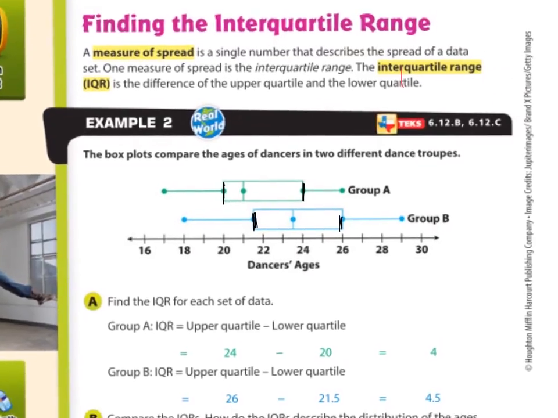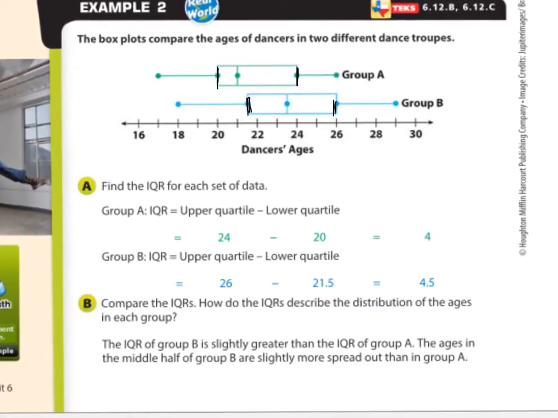Okay, so let's see if we can. These are the ages of dancers in two different dance troupes. So you have Group A and you have Group B. And already I can tell my blue group, Group B, is more this way, so that means they're older. And Group A is over on the smaller numbers, so that means it's a younger group. So for Group A, the upper quartile, which is right here, is 24.